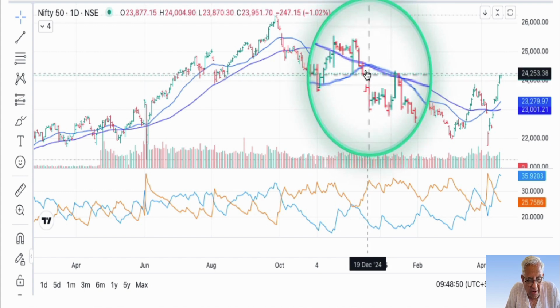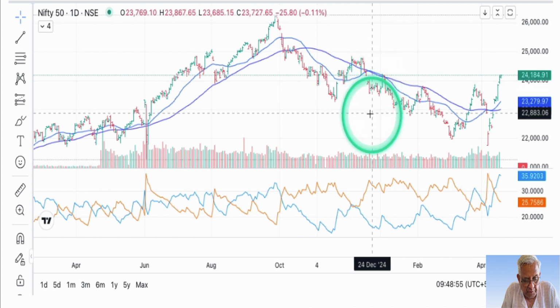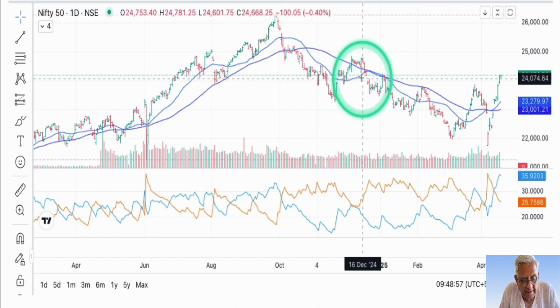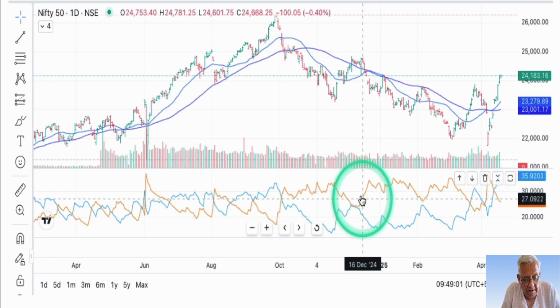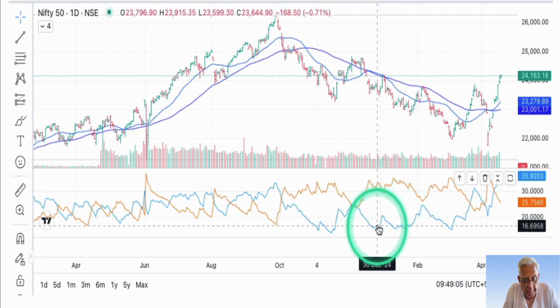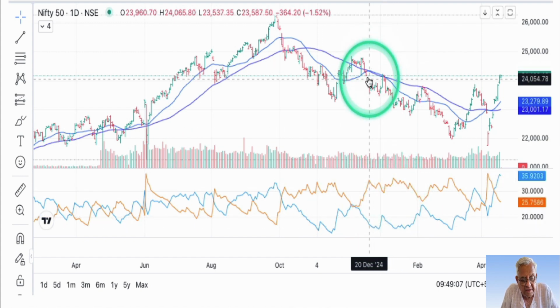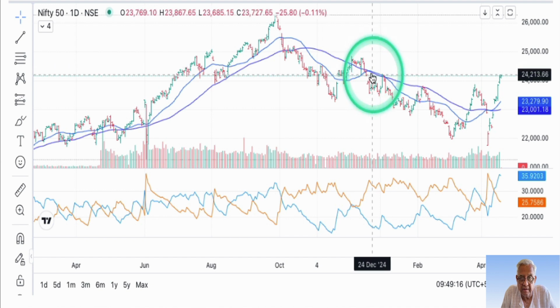Now here we saw there was a plus and a minus within a span of few days. Now what happened here, if you look below, you will see the minus DI has continued to be way above the plus DI, which means this is a false, or shall I say vague signal, not a very clear signal.